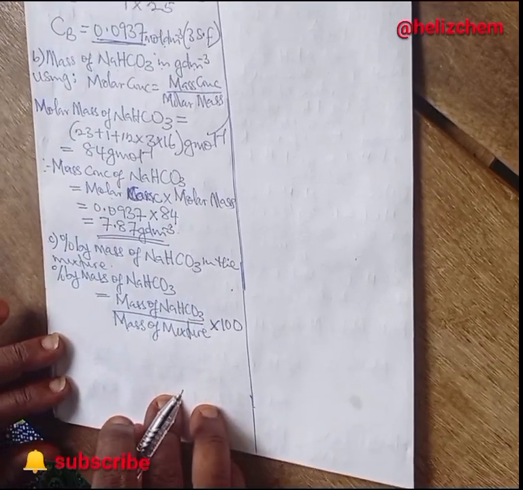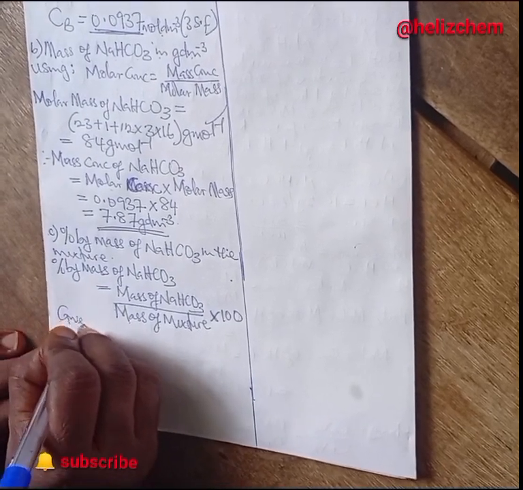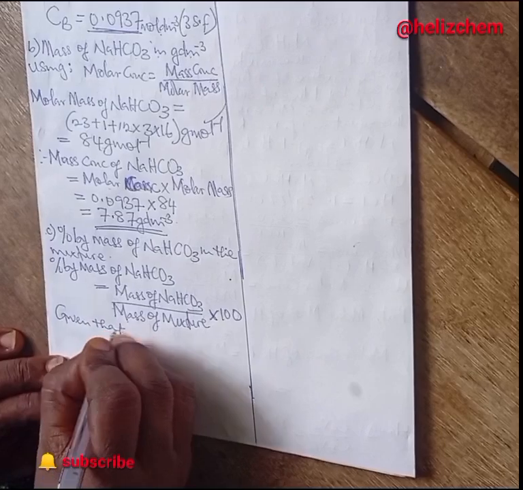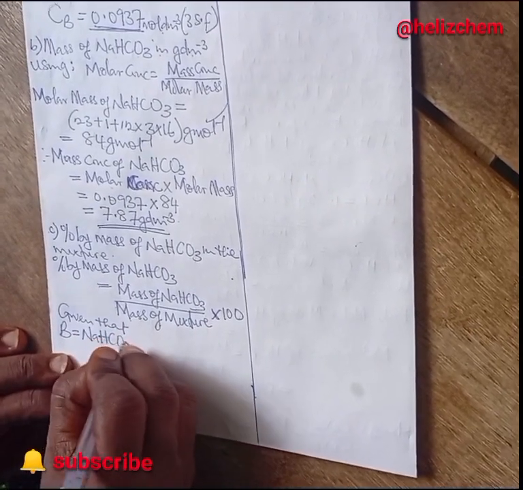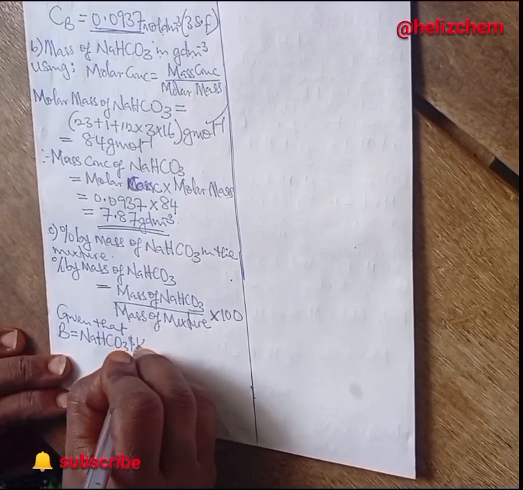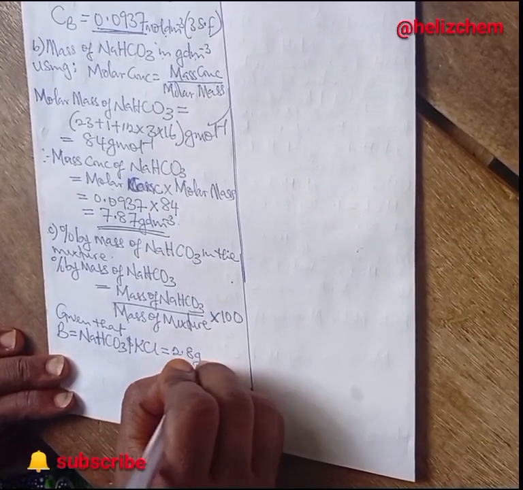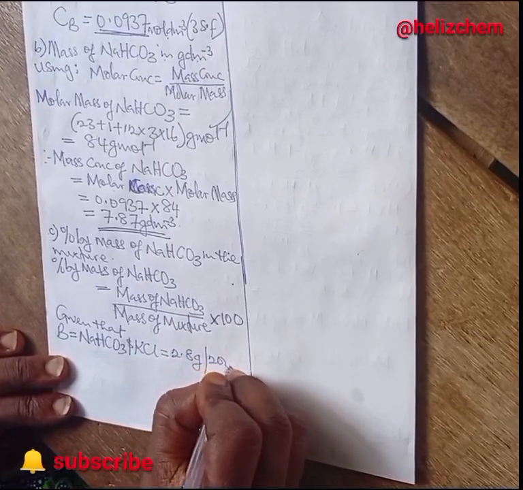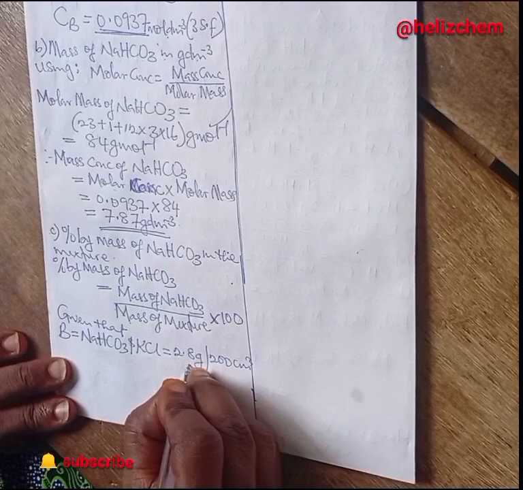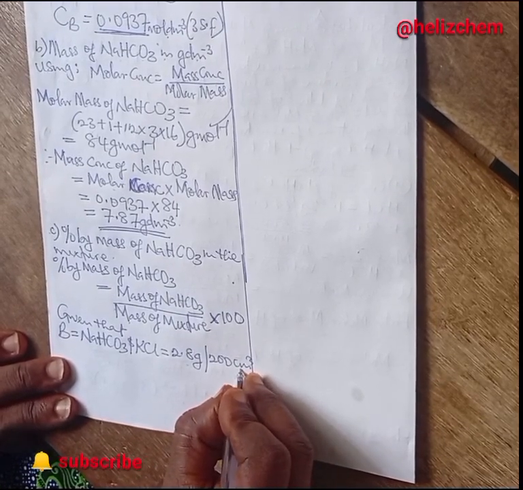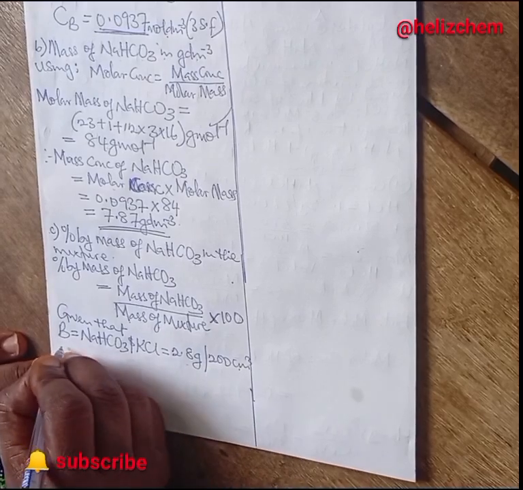Mass of mixture. How do we find mass of mixture? Don't forget, we are given that B, which is the mixture of sodium hydrogen carbonate and KCl, contains 2.8 gram in 200 cm cube. So you have to find the mass that is contained in 1000. How do we get that?